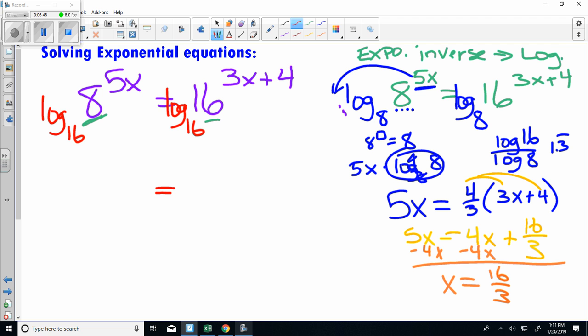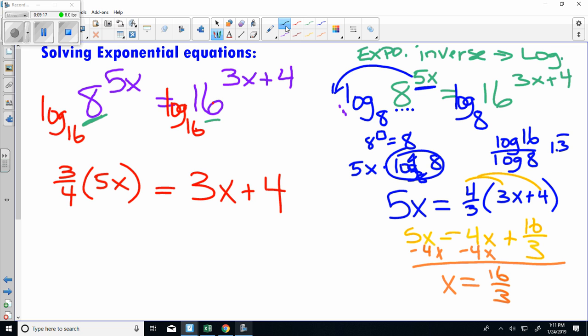And then log base 16 of 16 is 1, so the 3x plus 4 would be here. And then on this side, we'd have to do the other way. Log 8 divided by log 16, which is 0.75 or 3/4 times 5x.